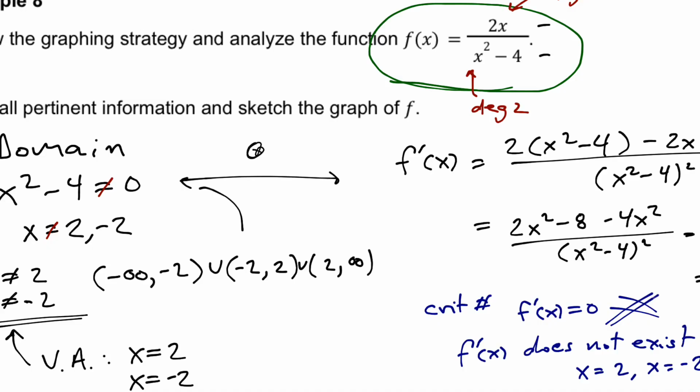So they'll be up here. And then they'll be negative again when we're between 1 and 2, because in that case the top is positive, but the bottom is still negative. And then finally, after 2, it'll be positive again, because both the top and the bottom will be positive.